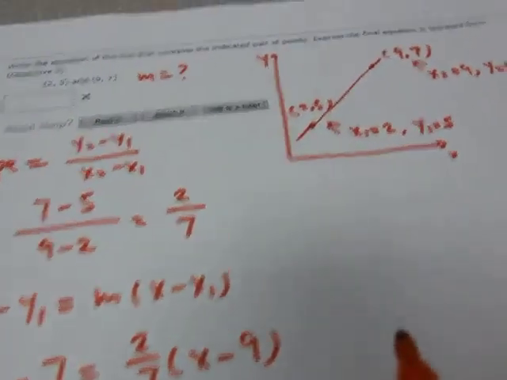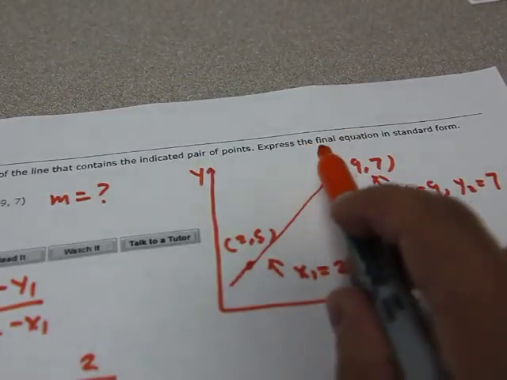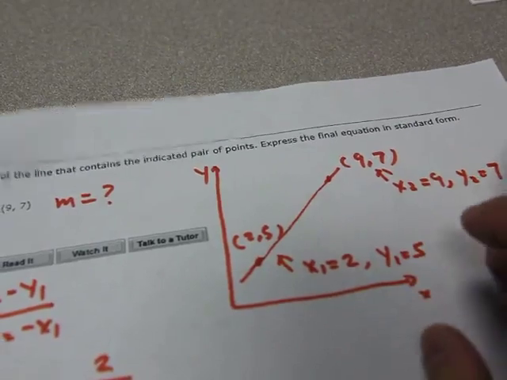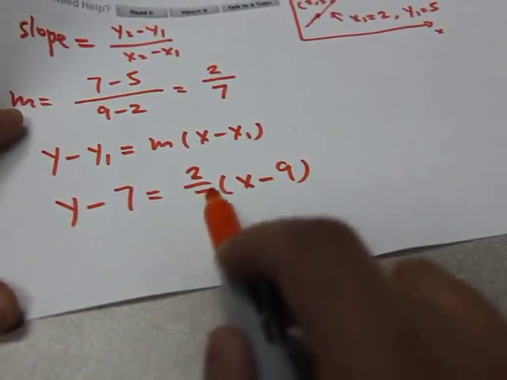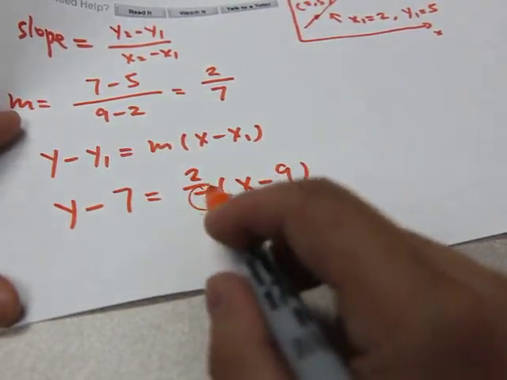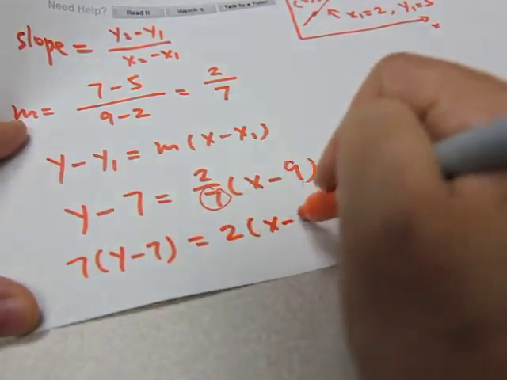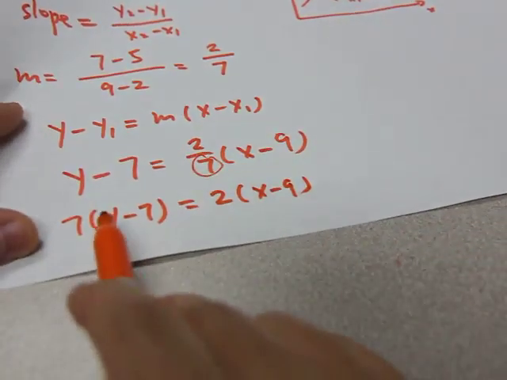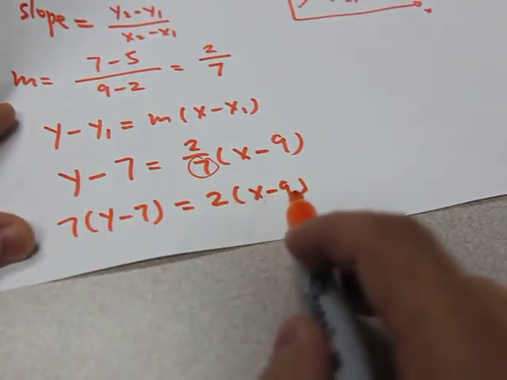Okay, and because we are required to express our answer in standard form, let's do the same thing. So first, I multiply both sides by 7, by this denominator, 7. And then I distribute 7 into y minus 7, and I distribute 2 into x minus 9.